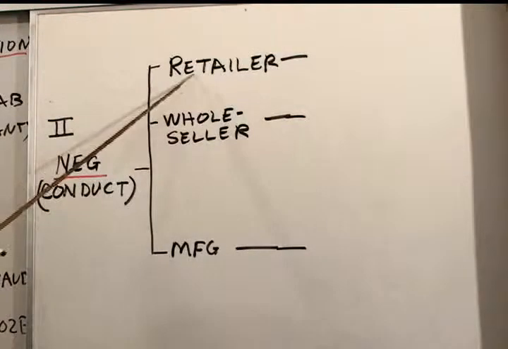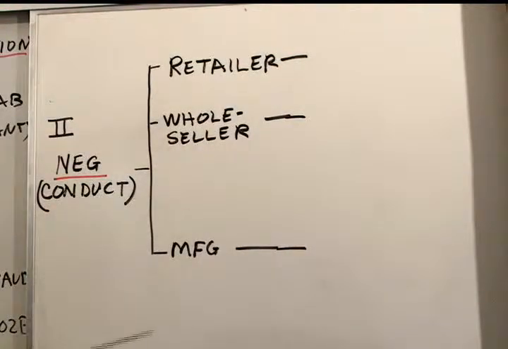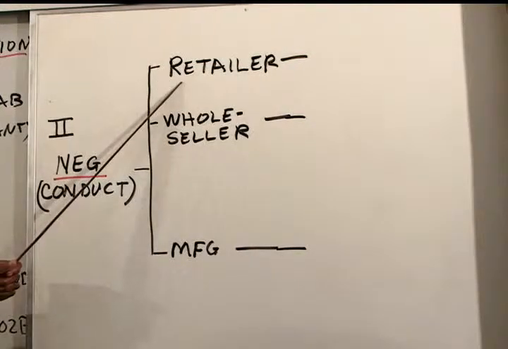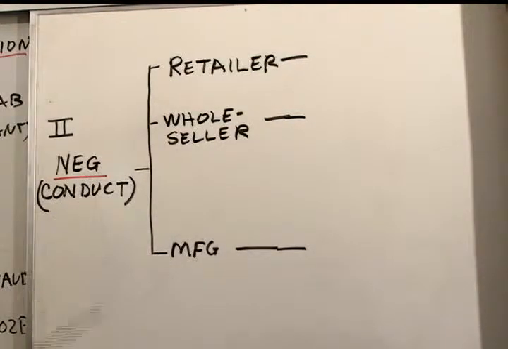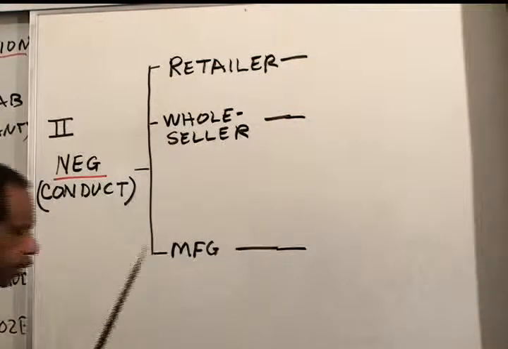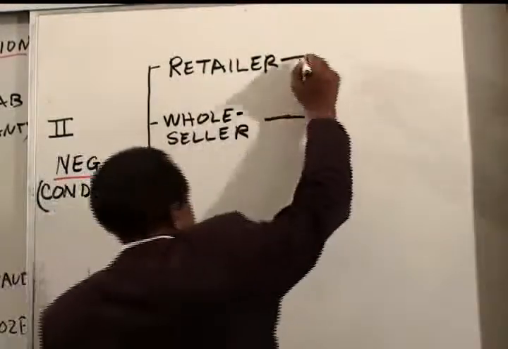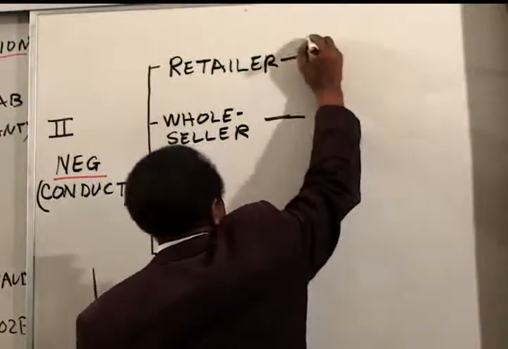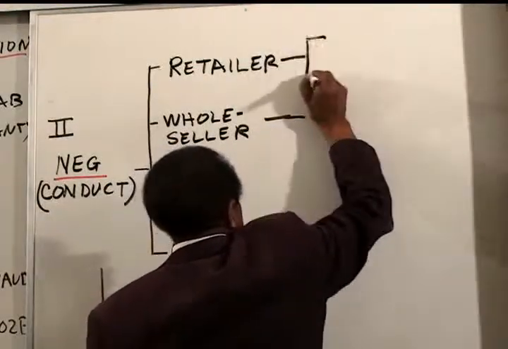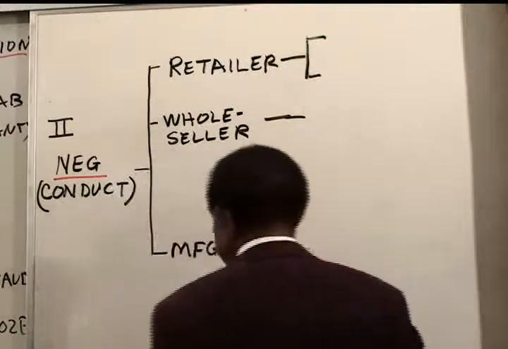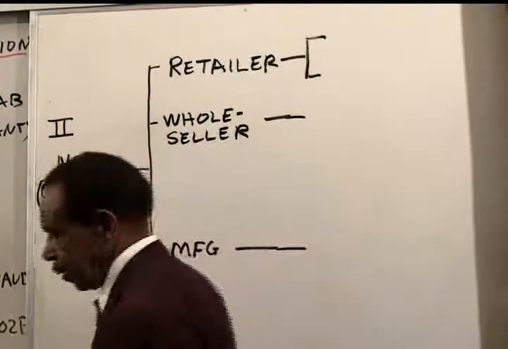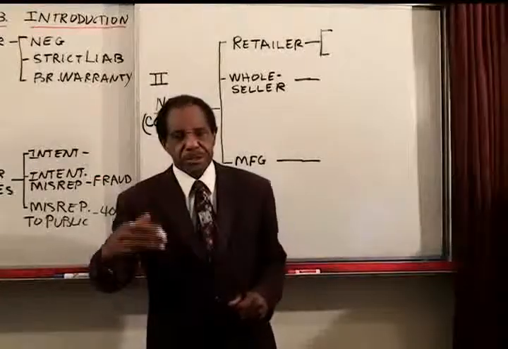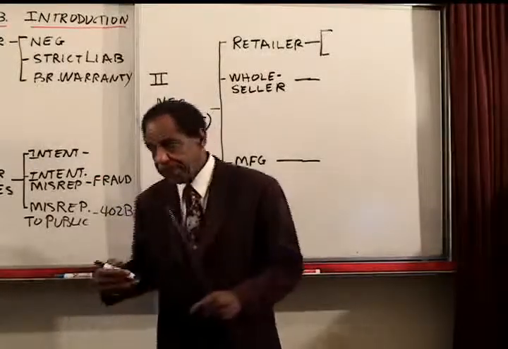There are only 3 people involved here who may be liable for their negligence: the retailer, the wholesaler, the manufacturer. The retailer can be negligent in dealing with your product in really only 2 ways. They can be negligent in that they negligently selected a supplier.